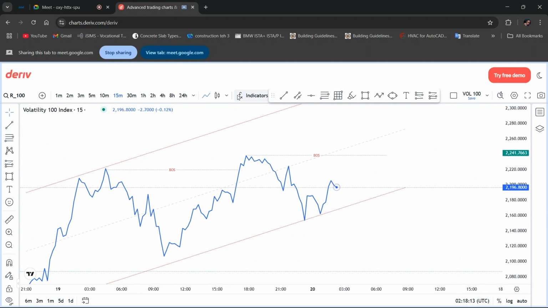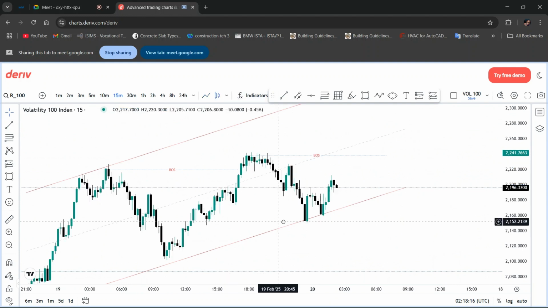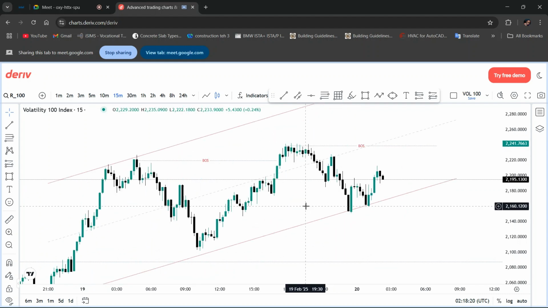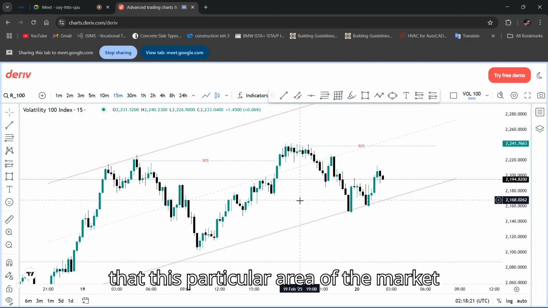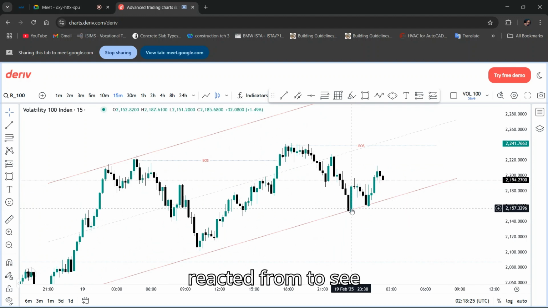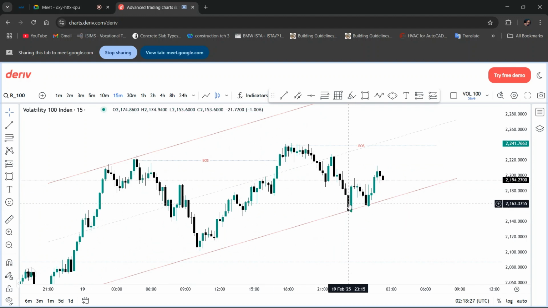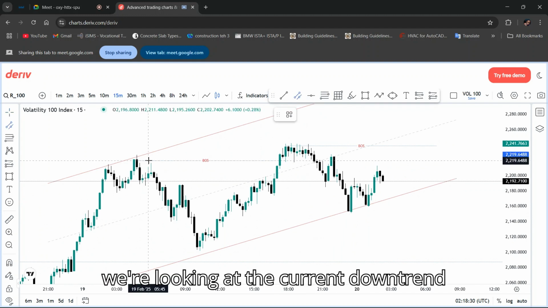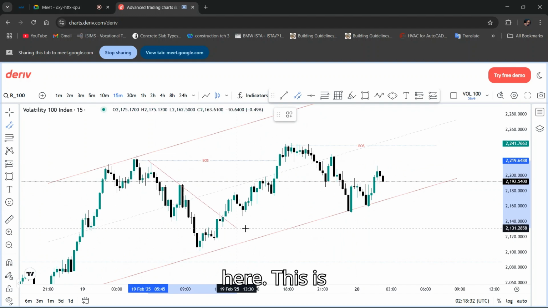All right. If that's the case, now we want to observe where the current order block is that this particular area of the market reacted from, to see how structure is defining itself. So we're looking at the current downtrend here.